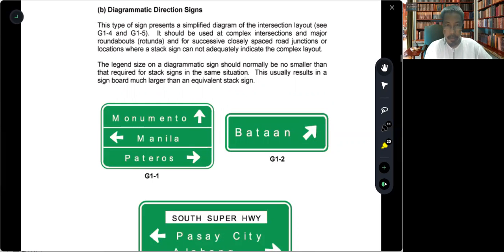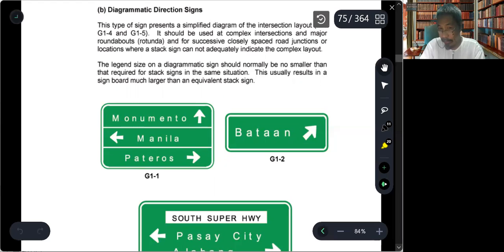It should be used at complex intersection and major roundabouts or rotunda, for successive closely spaced road junctions, or location where a stack sign cannot adequately indicate complex layout. The legend on diagrammatic signs should normally be no smaller than that required for stack signs in the same situation. This usually results in a signboard much larger than the equivalent stack sign.